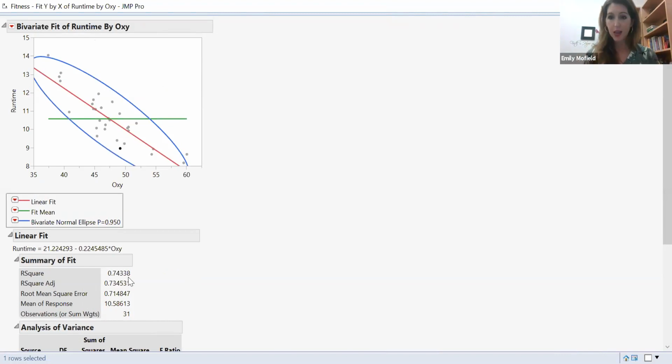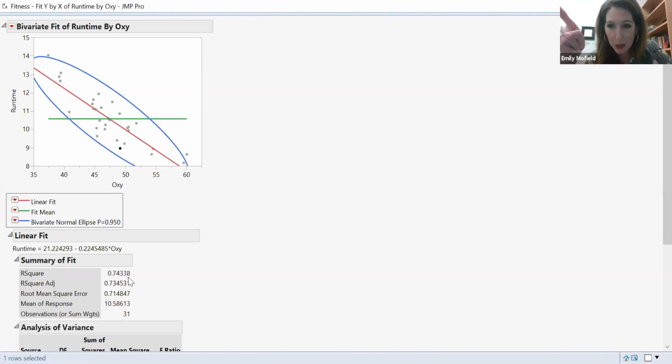So it's basically saying the changes that we see in runtime is due to the changes we see in oxygen. All right, so 74% of the changes we see in runtime is due to the changes we see in oxygen. That's what that's saying.